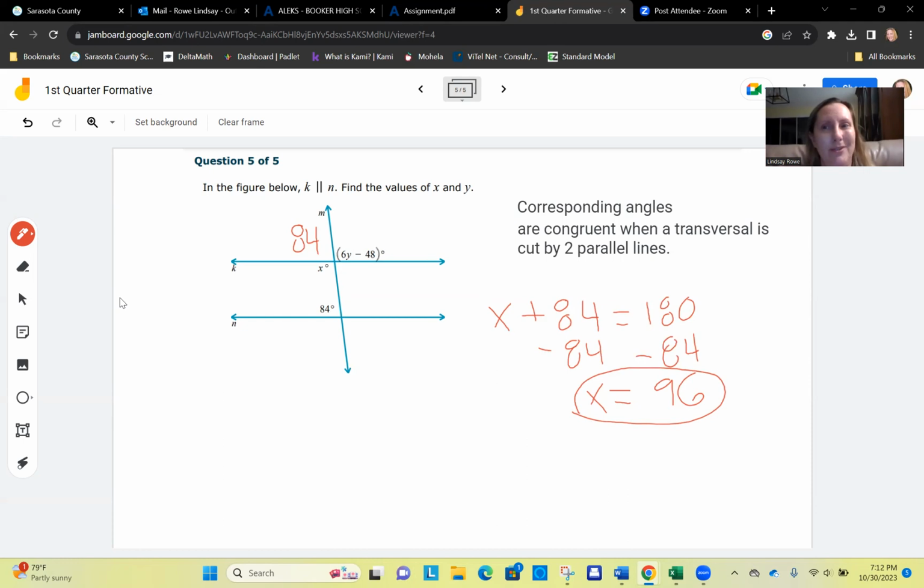There are two different ways you could solve for y, and it's up to you. You're the mathematician, okay? But I like easy, so I'm going to do it the way I think is easier, but I can do it both ways. What are those two ways that we could solve for y?